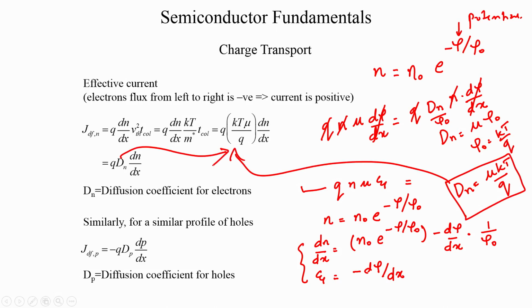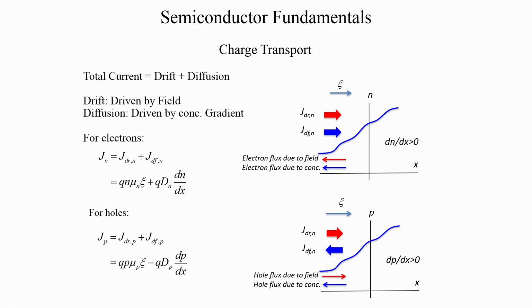So, the diffusion coefficient is very much connected to the mobility of carriers. So, now let us look at the total current. Okay. So, we have identified the two mechanisms, you have drift, and you have diffusion.